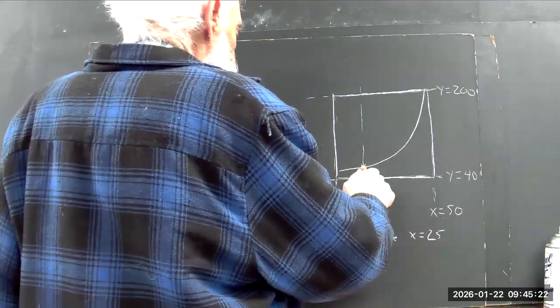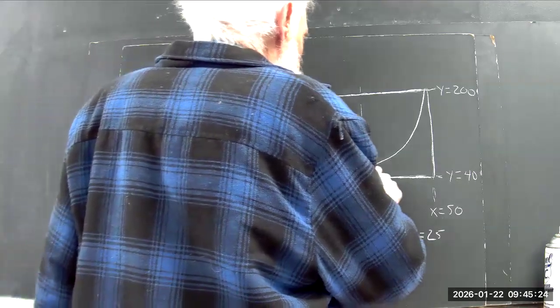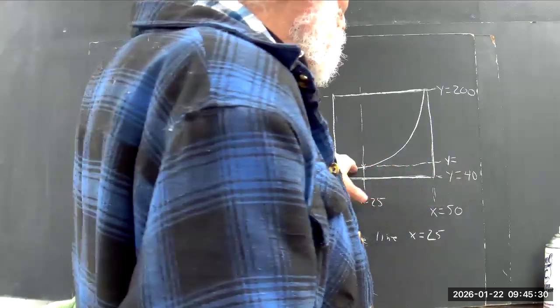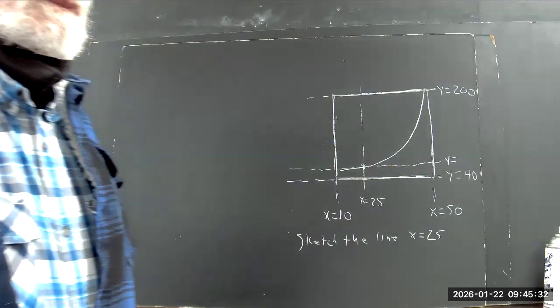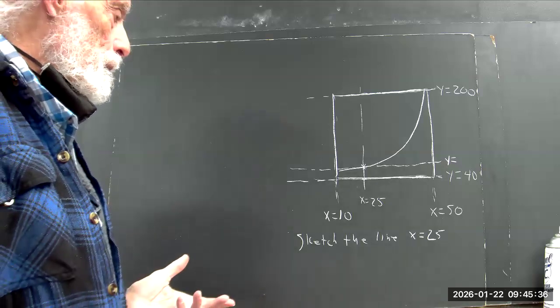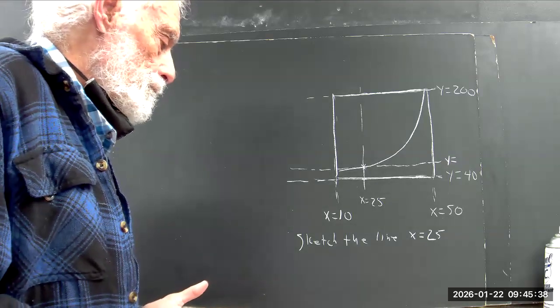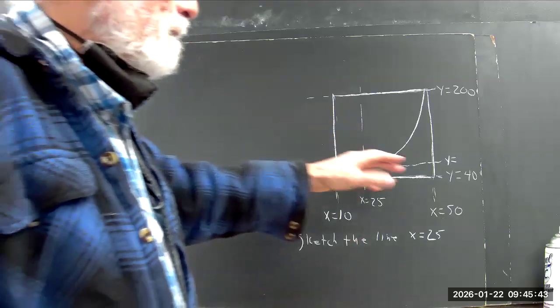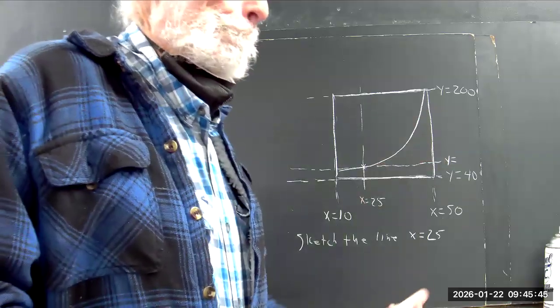And then make a horizontal line to that point, and then try to figure out what y might equal at this point. That makes sense? Go ahead, just sketch that and then put some reasonable number for y.